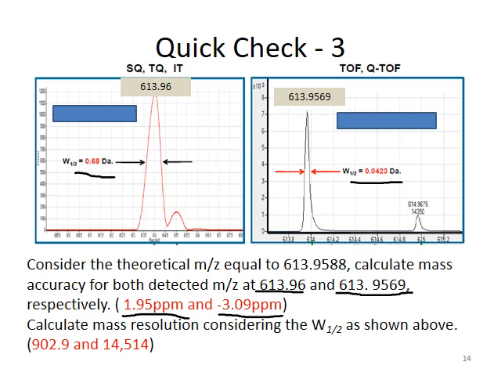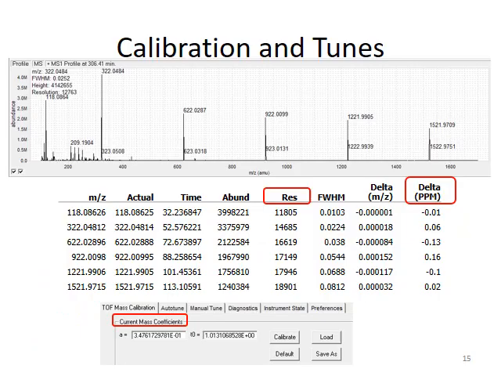This exercise demonstrates an unusual case that single quad, triple quad, and ion trap give slightly higher accuracy, although their resolution was much lower than TOF and QTOF.